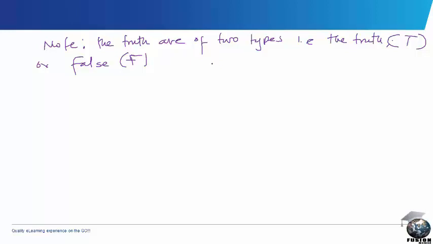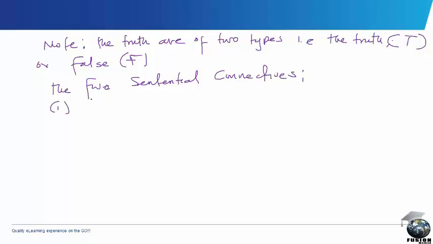And then we have succeeded in mentioning the five sentential connectives. They include, one, the negation or the not, represented by a flow.